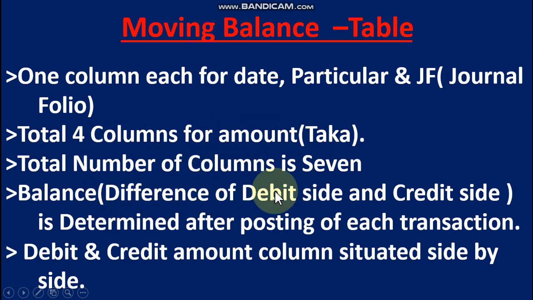The balance difference of debit side and credit side is determined after posting each transaction. Earlier, we determined the balance at the end of the period, but here, after posting each transaction, we have to determine the balance, and debit and credit amount columns are situated side by side. Dear student, these are the characteristics of moving balance format. Nowadays moving balance format is used mostly.